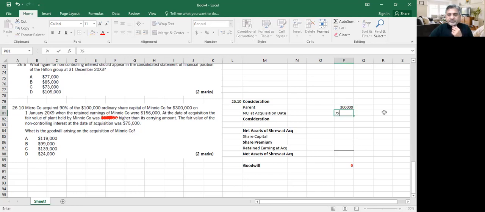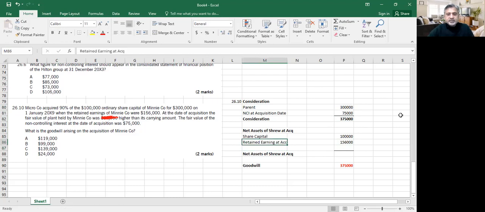NCI at acquisition was 75,000. And I make a total of this. So total consideration paid is 375,000. Share capital of that company was 100,000. It is given. And retained earnings were 156,000. Share premium was not there. So these are the only two things in net assets.